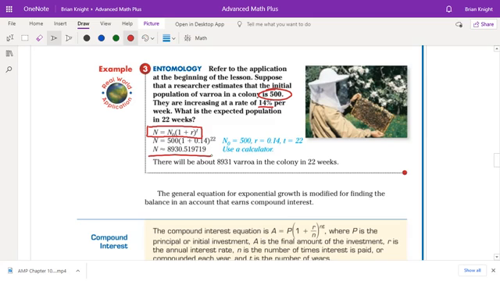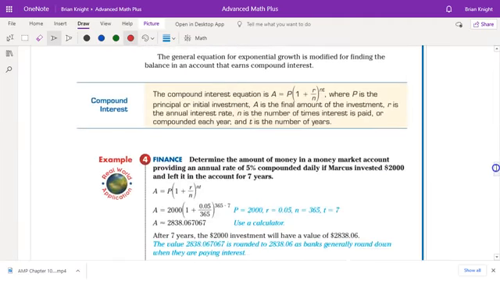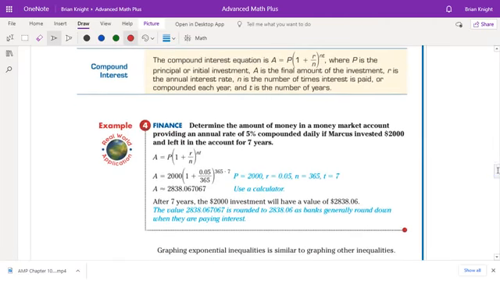You use exponential functions in banking, and y'all ask me this question all the time. When are we ever going to use this? You actually will use compound interest pretty much anytime you go get a loan. They do compound interest on loans, whether you're buying a house, whether you're buying a car, whether you find a savings account that compounds your interest if you're lucky enough.